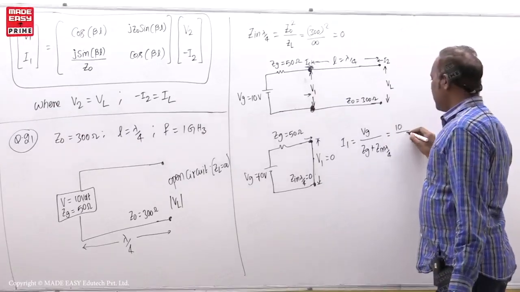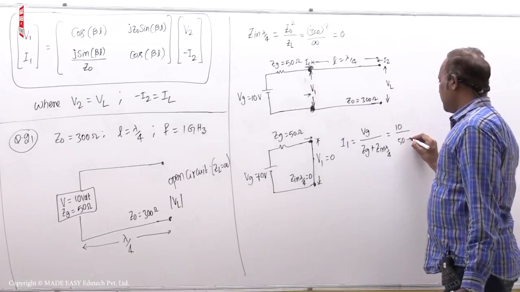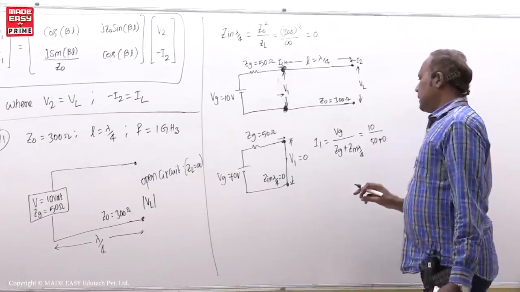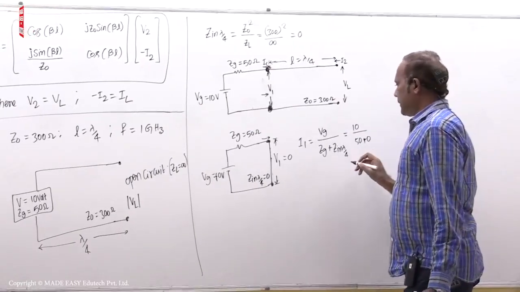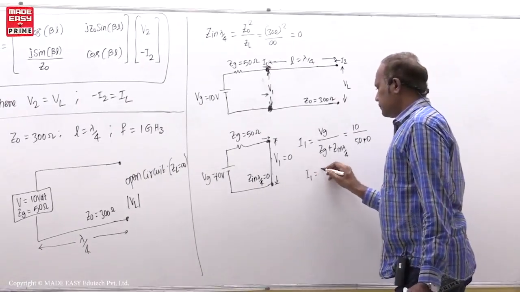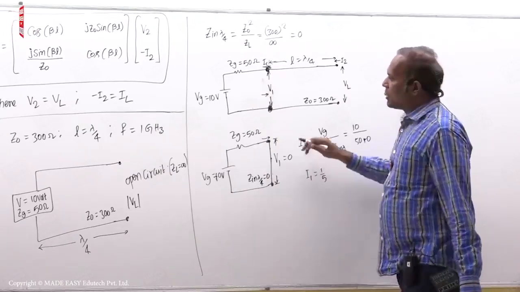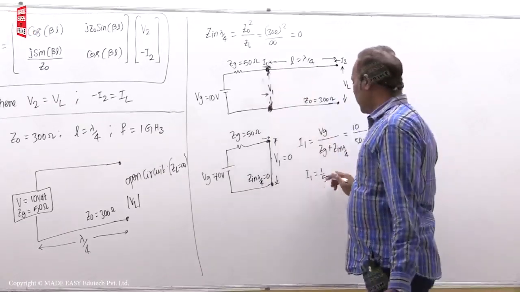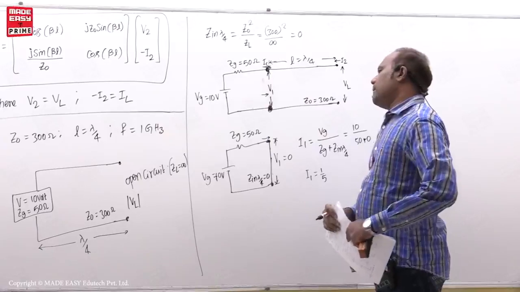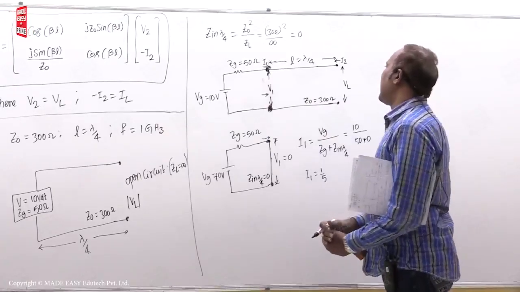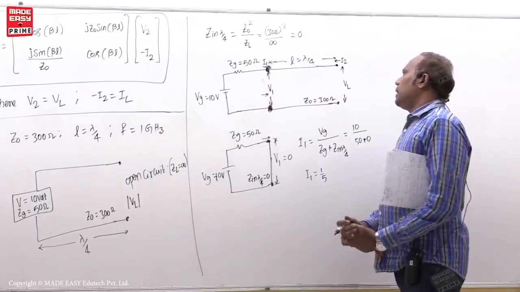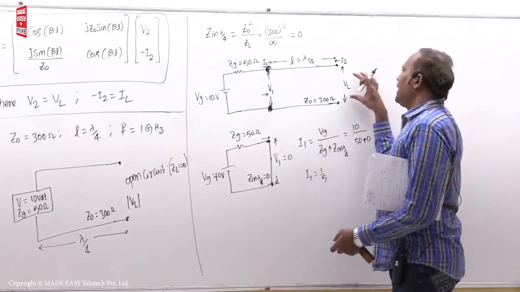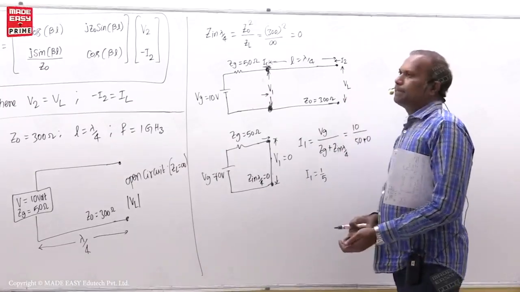So that is 10 divided by 50 plus 0. So you get 1 by 5 ampere. That means in this question V1 is 0 and I1 is 1 by 5 ampere. You have to find I2, VL and IL.